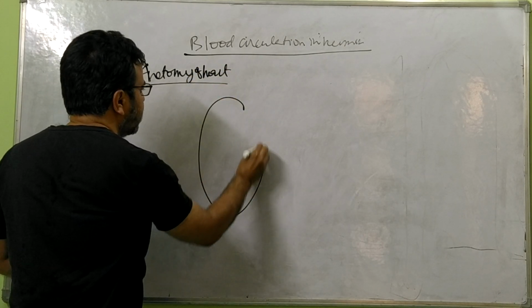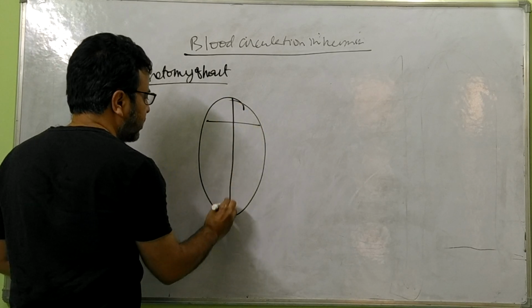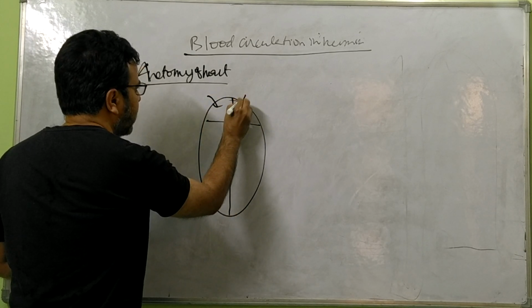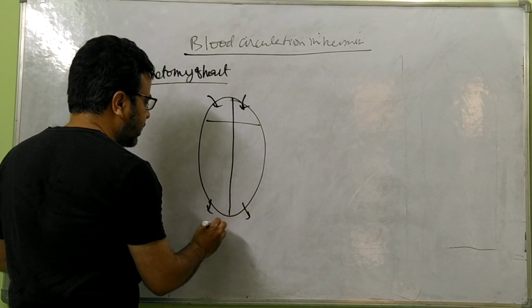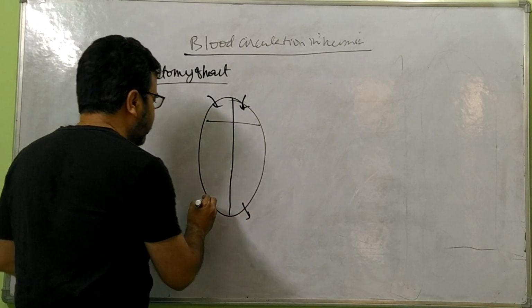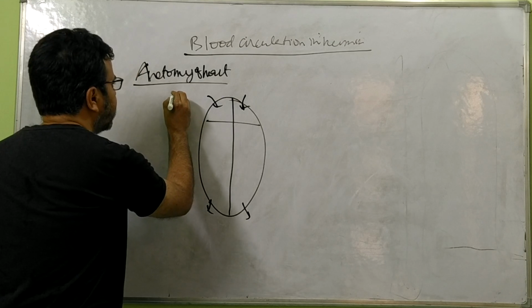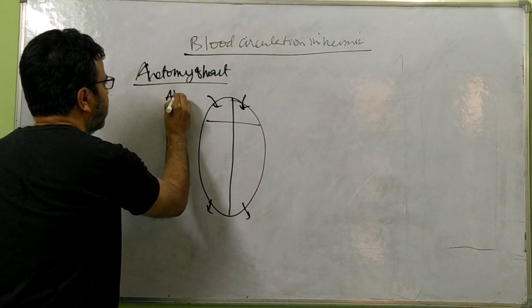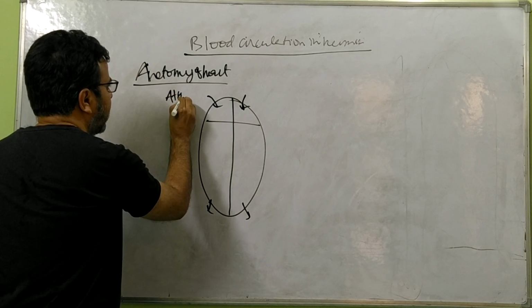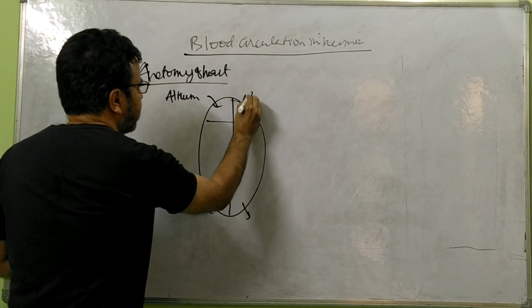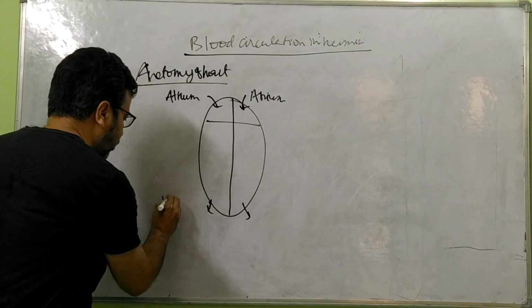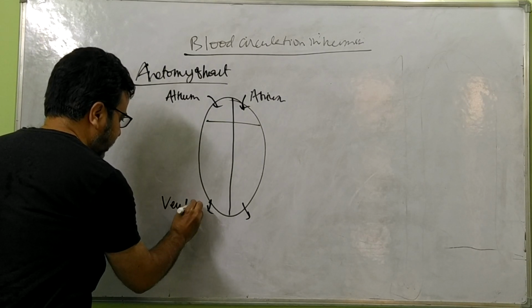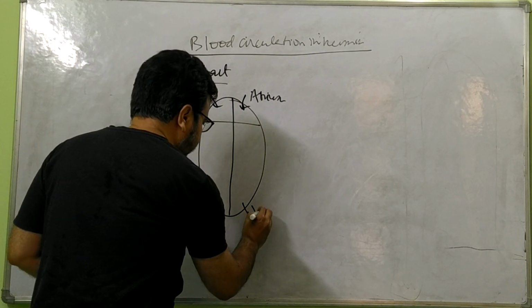So the heart is four-chambered: two atria at the receiving end and two ventricles at the exit end of the heart. The first is called the atrium, the receiving end, and two ventricles at the exit point.